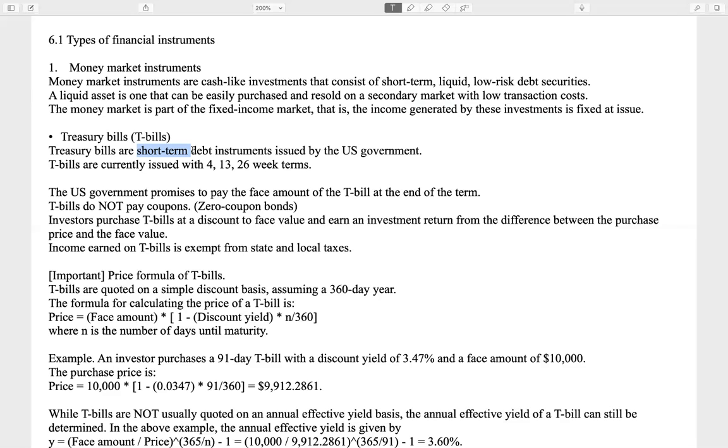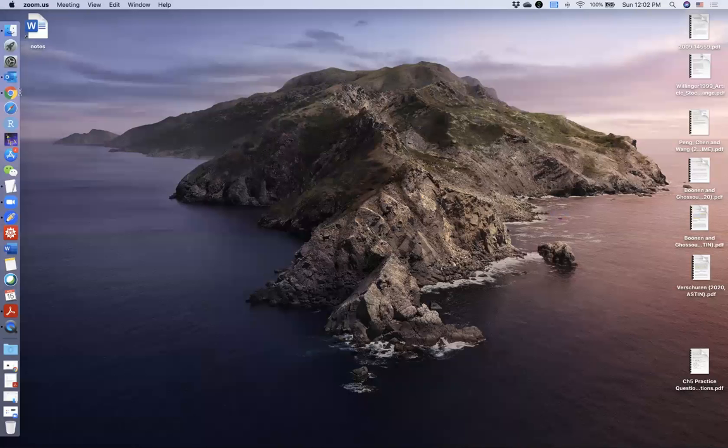In the textbook, the authors put that T-bills are currently issued with 4, 13, 26 week terms. In the secondary market, you can actually buy them at slightly different terms. If you are really interested, you can just search Treasury Bills, and I think I have it in my website.